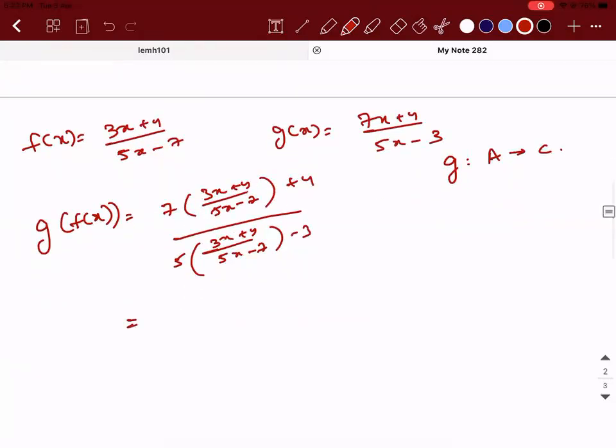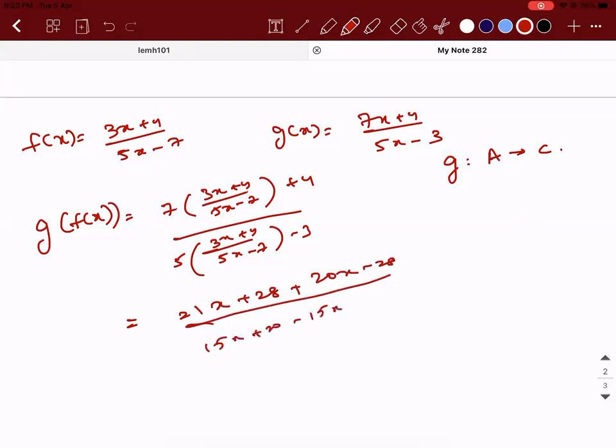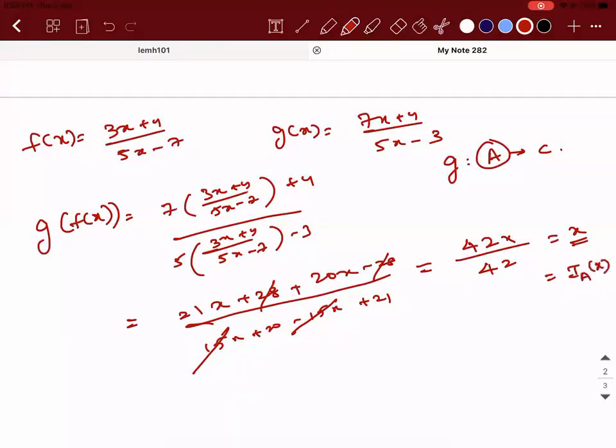That will be 21x plus 28 plus 20x minus 28, the whole divided by 15x plus 20 minus 15x plus 21. The 15x terms and 28 and 28 get cancelled. 42x divided by 42 is going to give you x. But where does this x come from? Is this not IA of x? Yes, it comes from A.